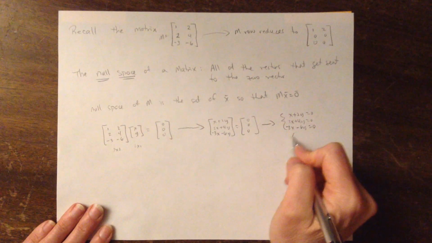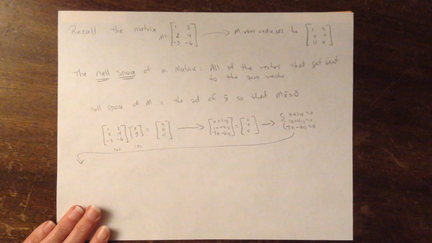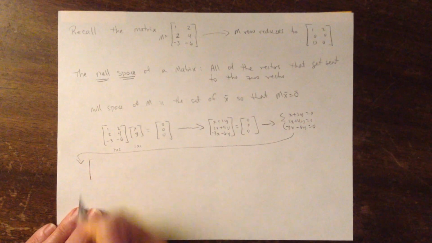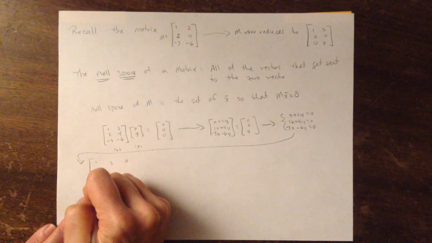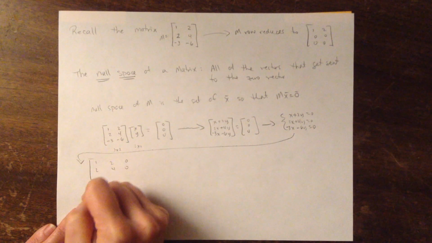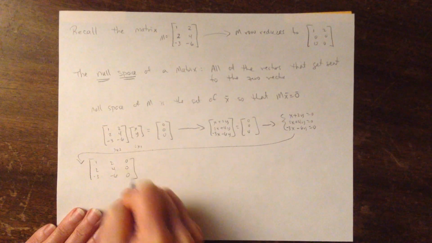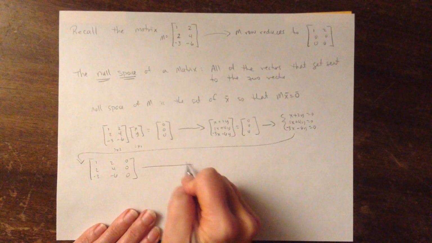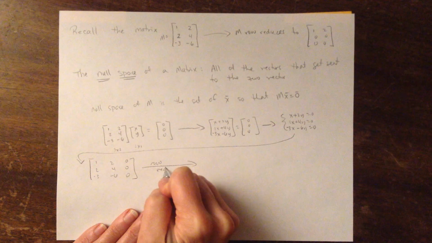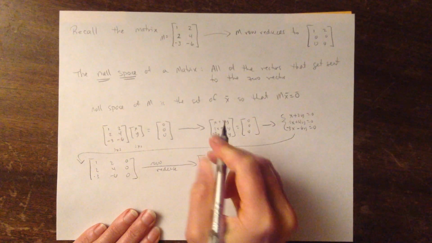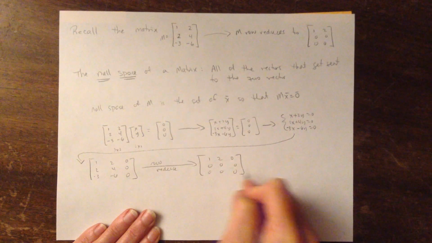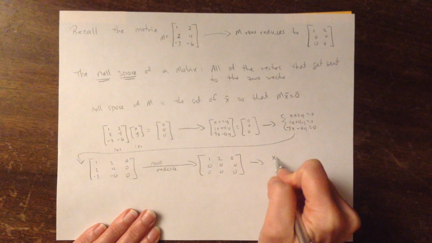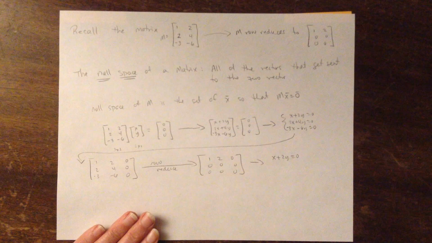So if I put that into an augmented matrix to solve it, I will have essentially gone around in a circle because I have 1, 2, 0, 2, 4, 0, and negative 3, negative 6, 0. And when I row reduce, I'm going to end up with 1, 2, 0, 0, 0, 0, 0, 0, 0, which gives me x plus 2y equals 0.